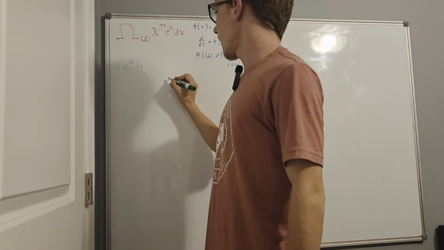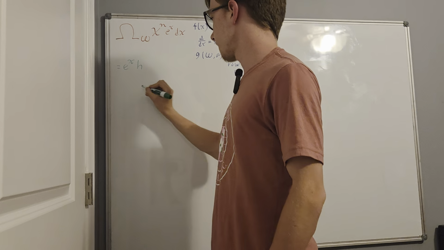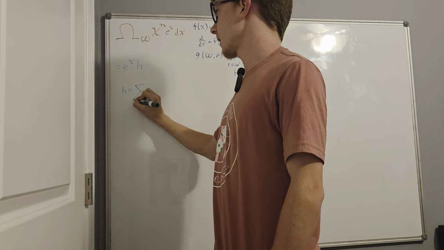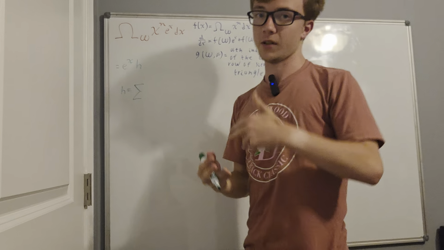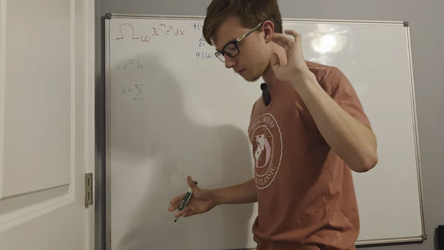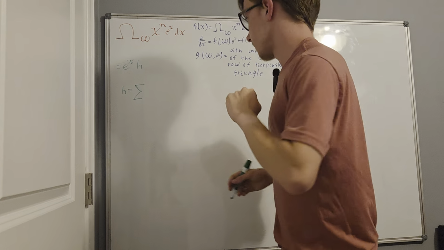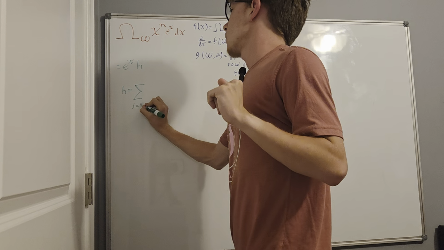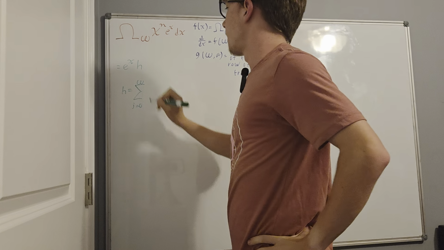H is going to equal a sum, obviously, because it's going to become a polynomial. It's going to keep getting bigger and diverge, predictably, but it will diverge. And I'm going to use j as my counter, starting at j equals 0 and going to omega.